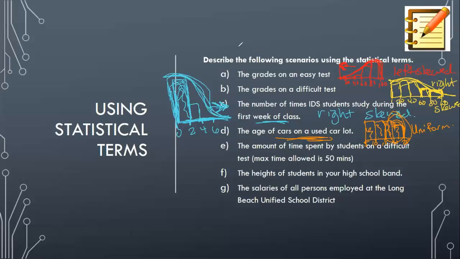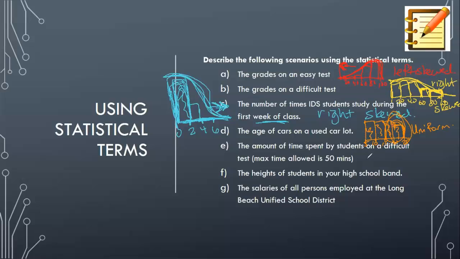I've never been to a used car lot, so I'm not sure. But usually used car lots are based on leases that were returned or older cars that were sold back to a dealership against some credit for a new car. So this one could be any really. It could definitely be right skewed if it was a dealership. If it was a privately owned used car lot, it could be uniform.